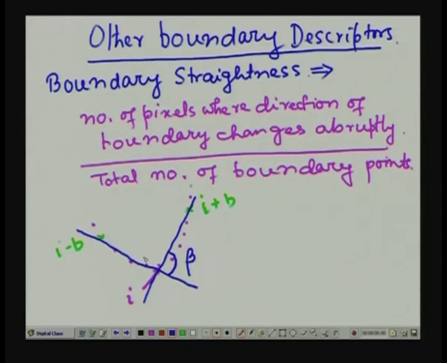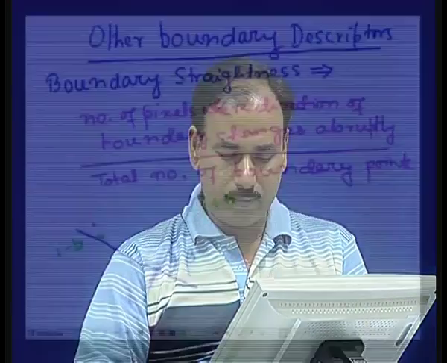So, depending upon the value of this angle beta between these two line segments, one passing between the I minus bth point and ith point, and the other between the ith point and I plus bth point, I can estimate whether there is a sharp change of boundary direction at this ith pixel or not. So, this way I find out the number of pixels where the boundary changes abruptly, and the ratio of such number of points to the total number of points gives me what is called boundary straightness.